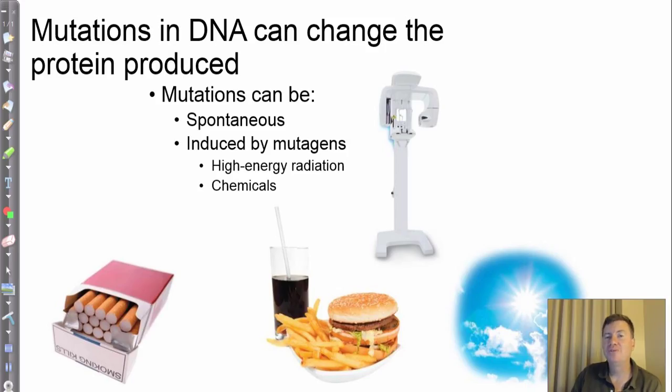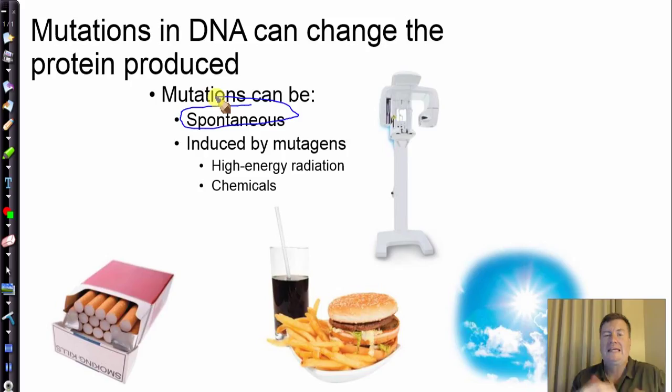That is, whenever we go through the process of copying our DNA, we may not do it perfectly, and then we can introduce a small mistake into our DNA. It might be caught, it might not be, it might have no consequence, it could be serious. But these are what we refer to as spontaneous mutations because they are not caused or induced by anything. They're just going to happen as part of the cell processes.